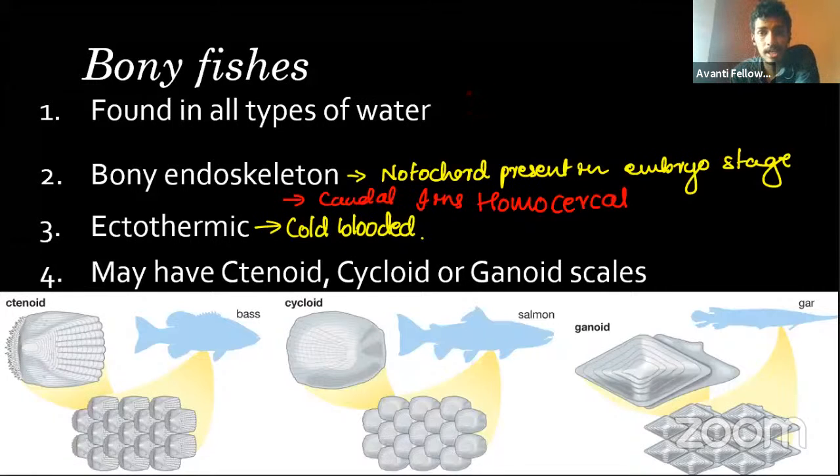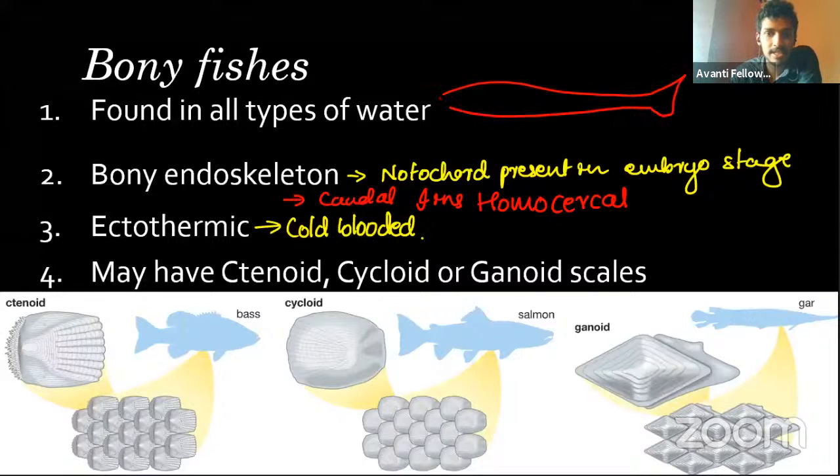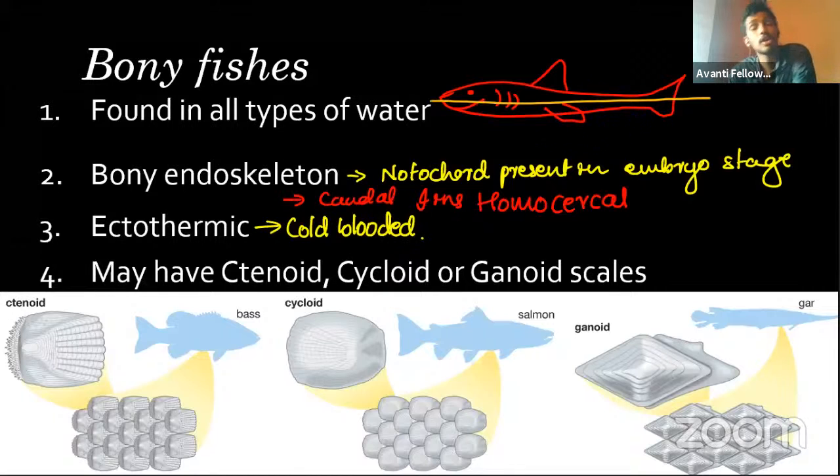That means if I draw a shark something like this and draw a line in this order, this portion and this portion are not equal, right? Exactly, like in the caudal fin.